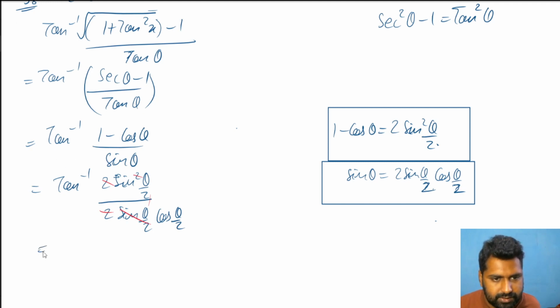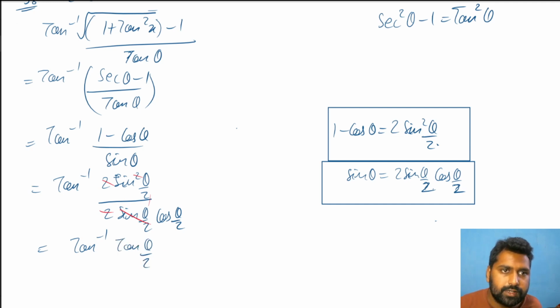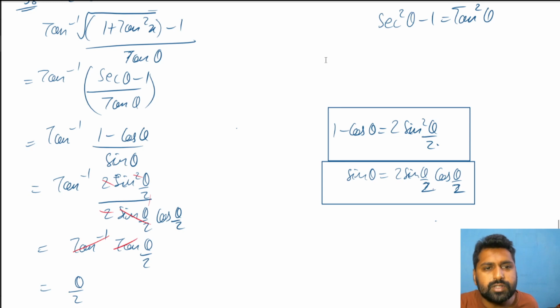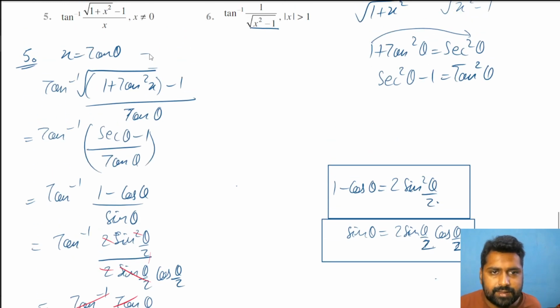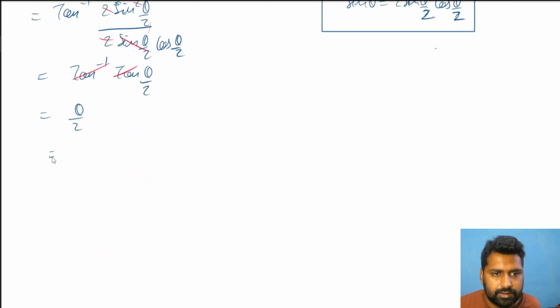Interestingly, it becomes tan inverse tan theta by 2, and again inverse and the function can cancel each other. That becomes theta by 2. Now what was our theta? If x is tan theta, that means theta is tan inverse x. So I can replace this theta with tan inverse x upon 2. That's the answer.